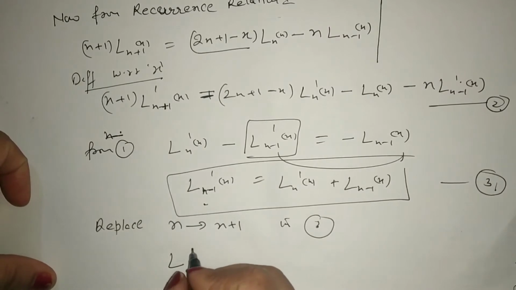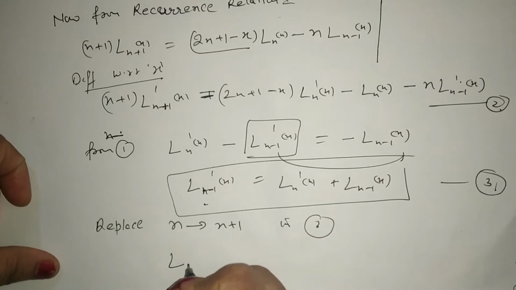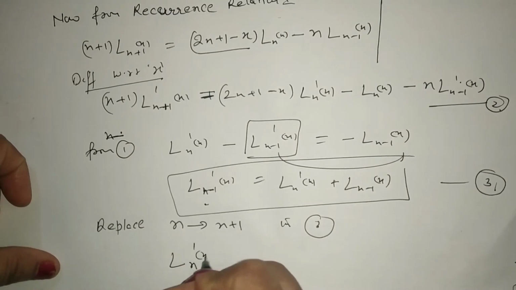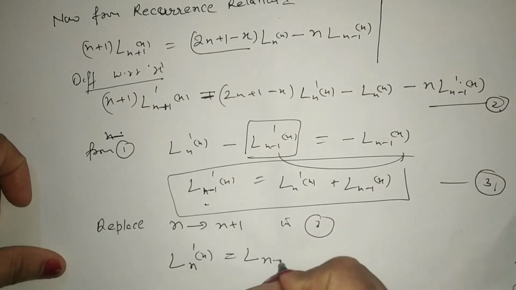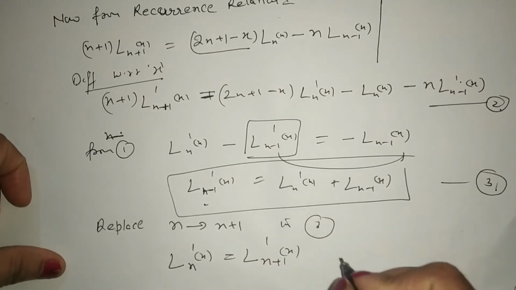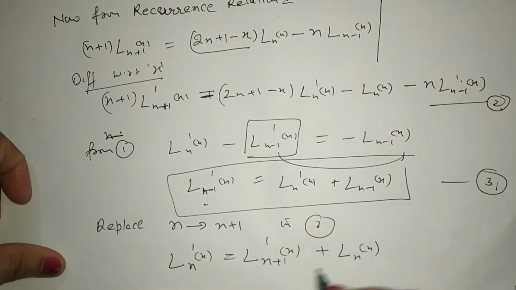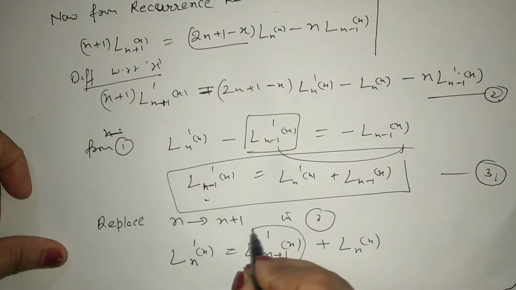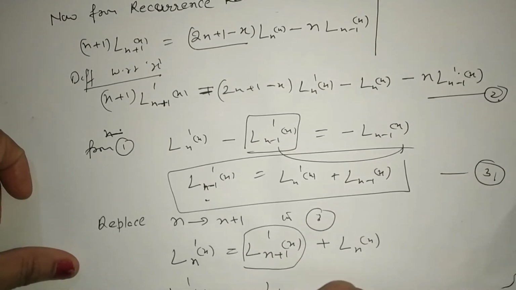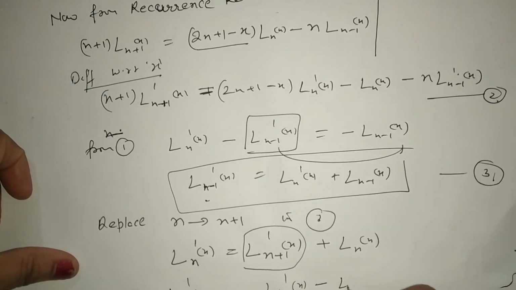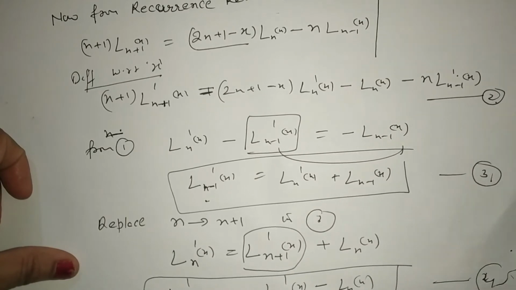So the first term will become l n, and on the other side it is l dash n plus 1, and it is again l n x. So from here we write this term on one side. It is l n plus 1 dash x is equal to l dash n x minus l n x. We name this result as number 4.